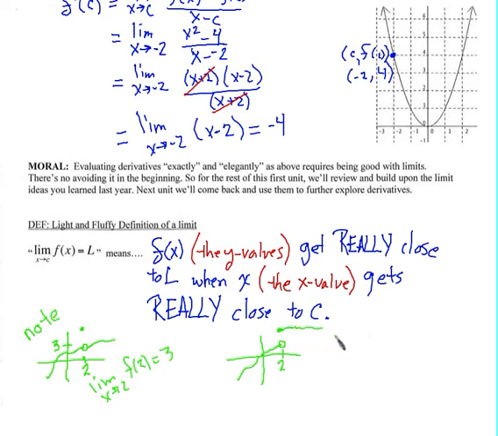Let's call this 3 here, and then up here we'll call this 4. As x is approaching 2 from the right side, that little plus on the 2, the value of the function is equal to 4.